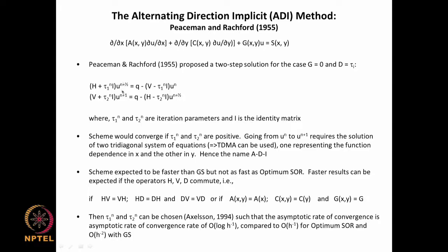As you go from n to n plus 1, you first evaluate u at n plus half by taking the horizontal derivative and a constant tau 1, and the vertical derivative is evaluated at the nth value, and the horizontal derivative is evaluated at n plus half. Okay.